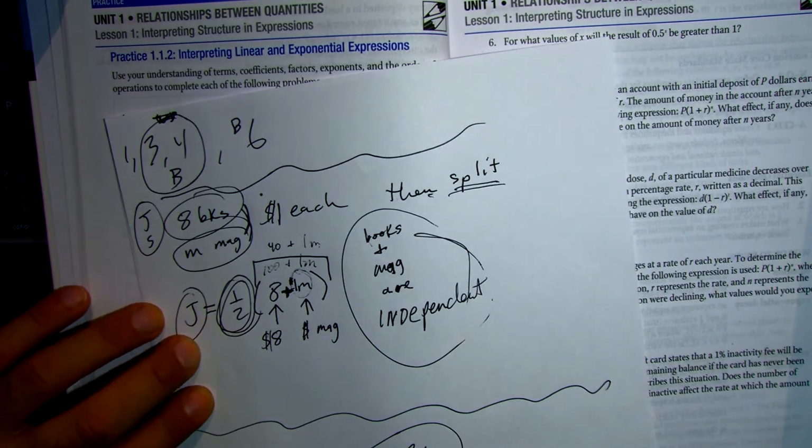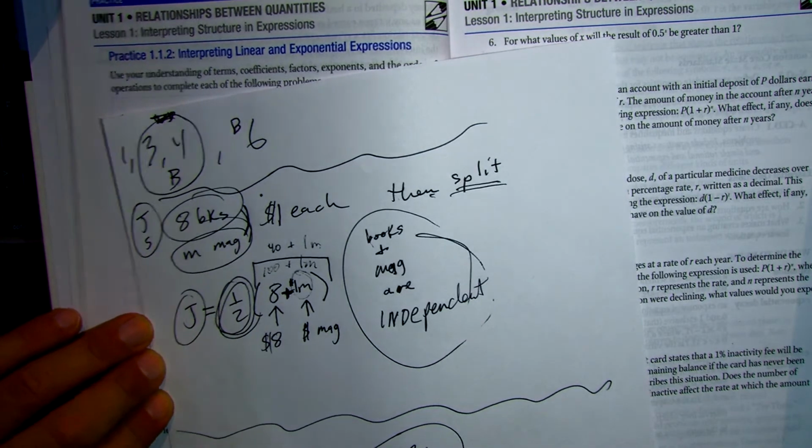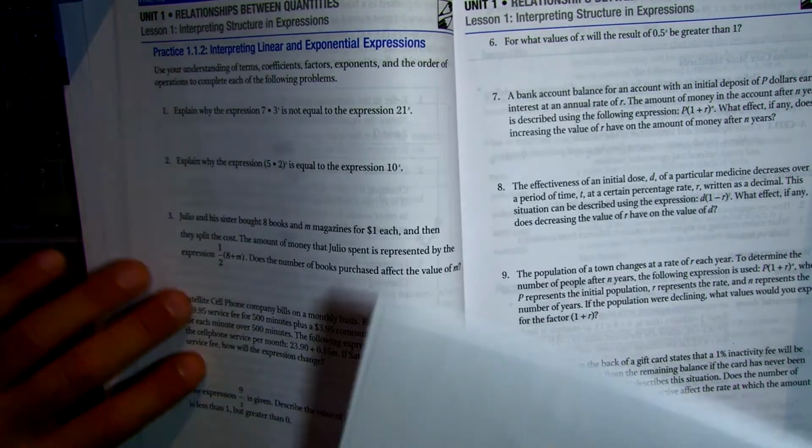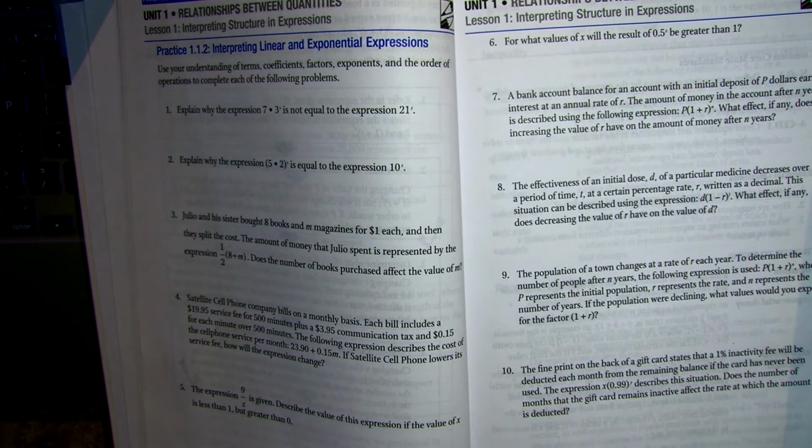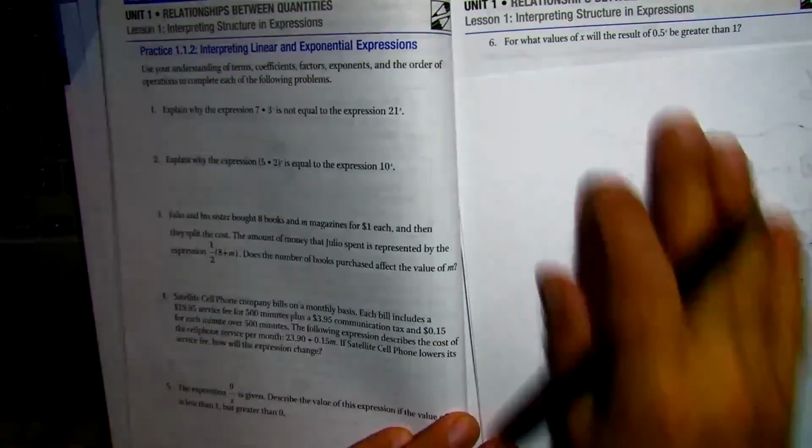All right, this has a lot to it. Let's write down the important information as we go. Okay, so let's see. Satellite cell phone coverage bills on a monthly basis. Each bill includes a $19.95 service fee. That's our service fee, which gives us 500 minutes.